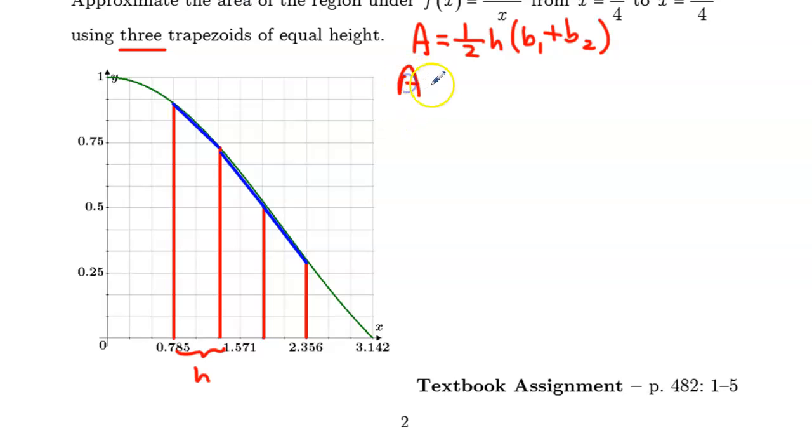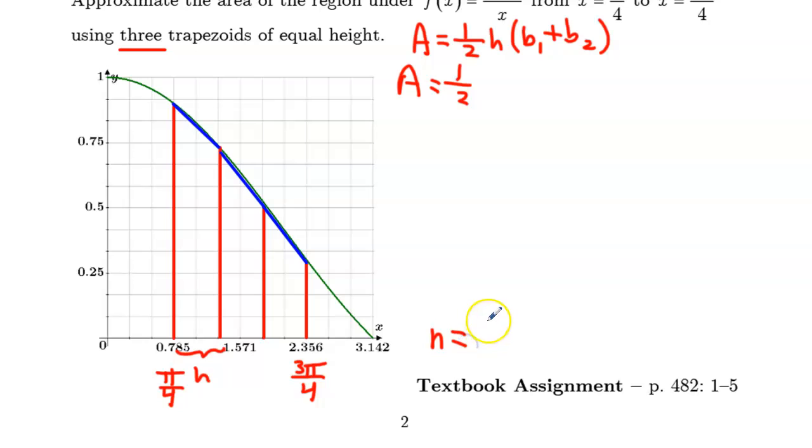So we've got area is equal to half times the height. Now the height is what we have to figure out. If you take pi over 4 and 3 pi over 4, and you take their difference, you can see that it's 2 pi over 4, right? So I'll just do a quick calculation here.